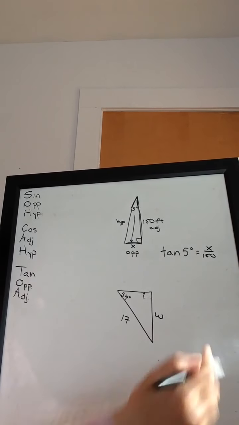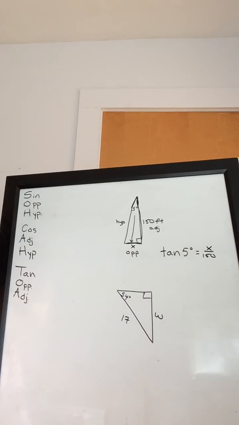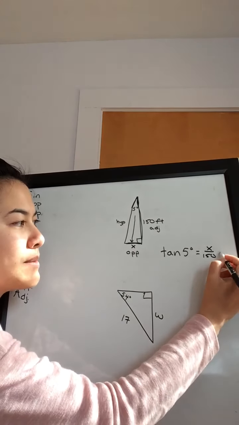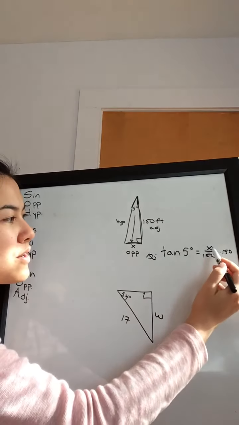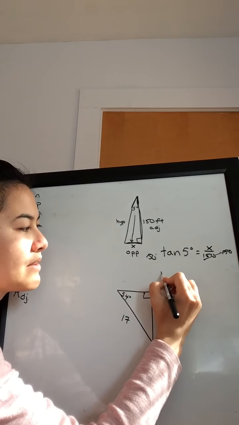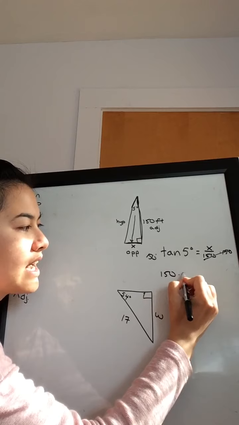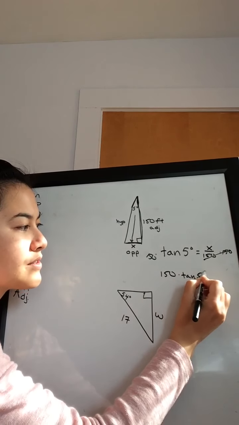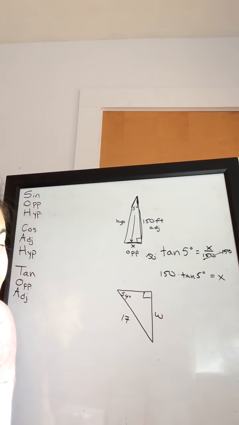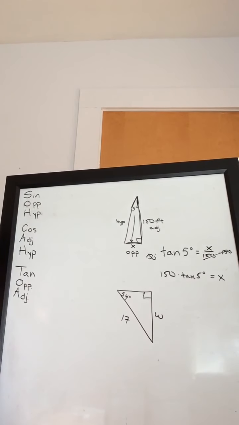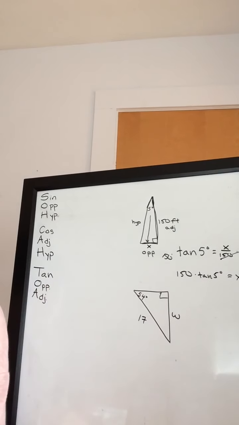We need to get x by itself. How do we get x by itself? Let's multiply each side by 150. These cancel out and I'm left with 150 times the tangent of 5 degrees, and that equals x. You will need a calculator for this, and I suggest not using a calculator on your phone, using a real calculator, because things get a little hairy when we do tangent.